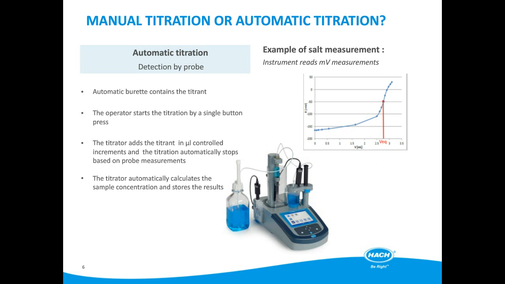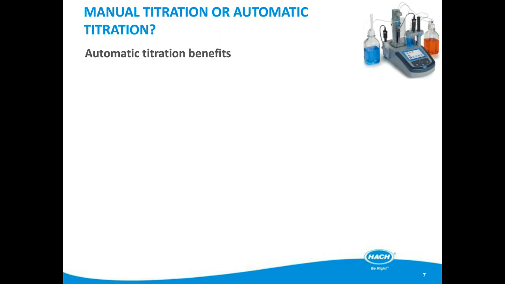So it means that the measurement will be always exact, and there is no doubt in result quality regardless of user expertise. It's one of the main differences between manual and automatic titration. But automatic titration has also a lot of other benefits.